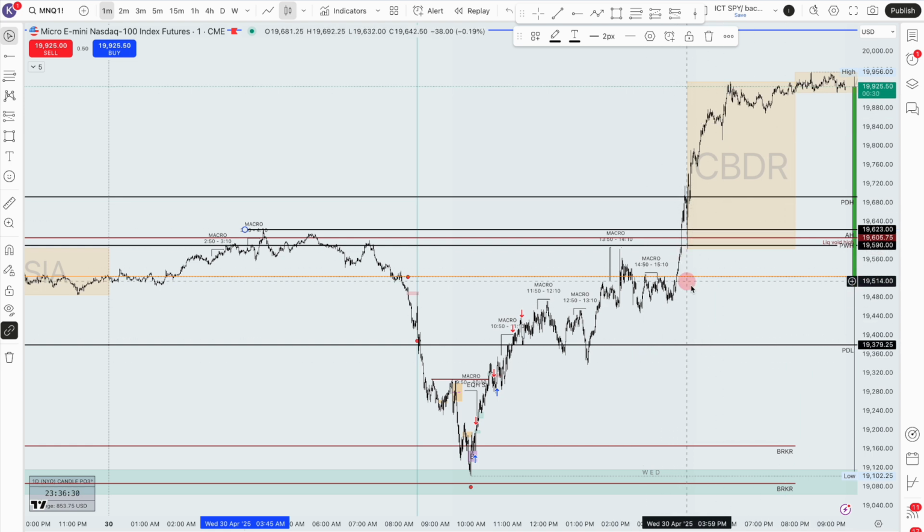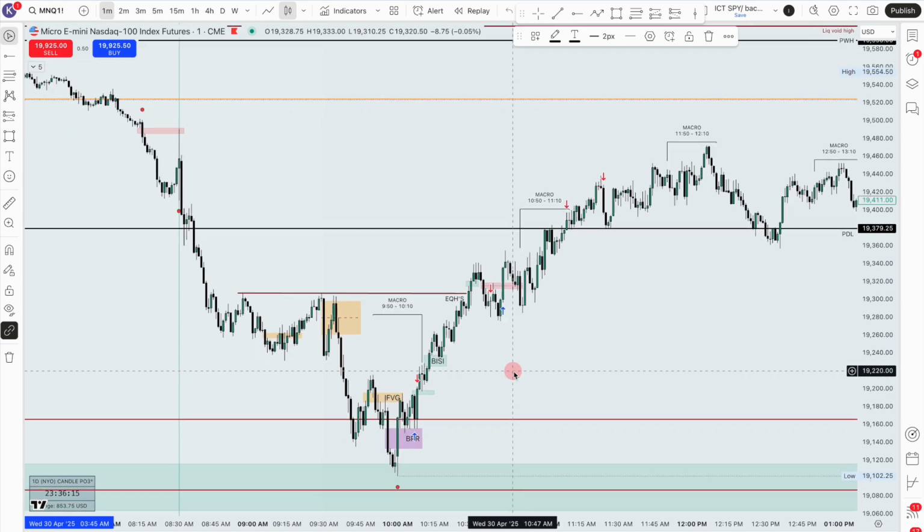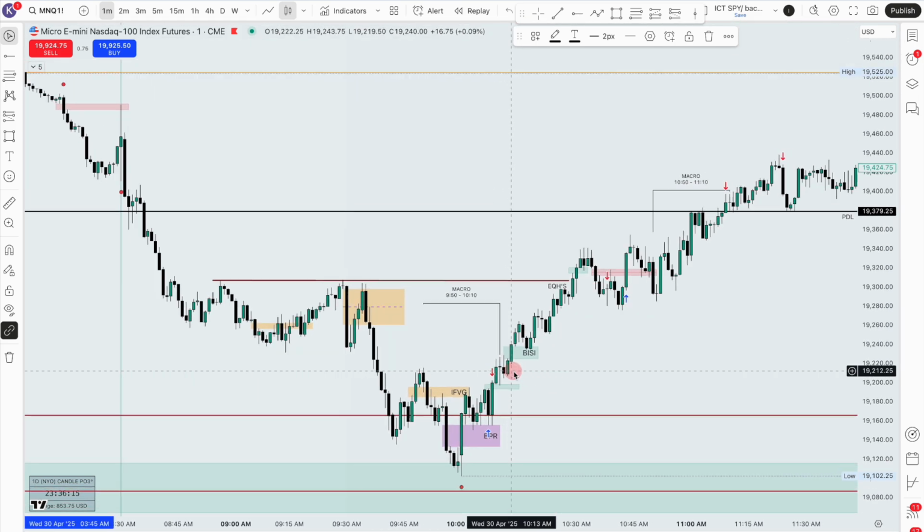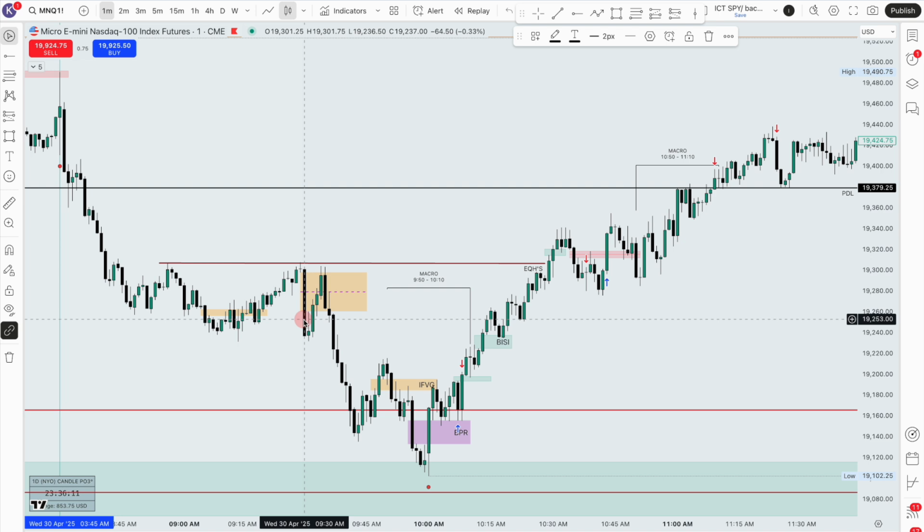It went too much higher up because this is where I think we got news today that Trump is gonna negotiate with the Chinese about the tariffs or something like that. So if you look here at 9:30, we have this fair value gap, the CB.